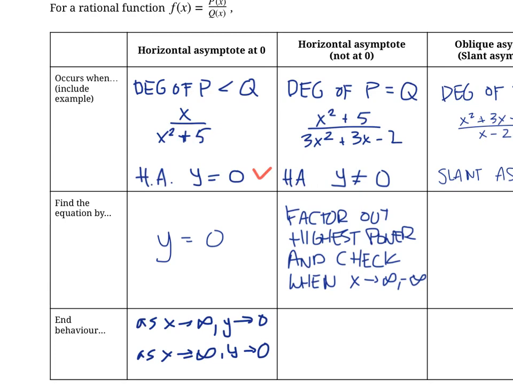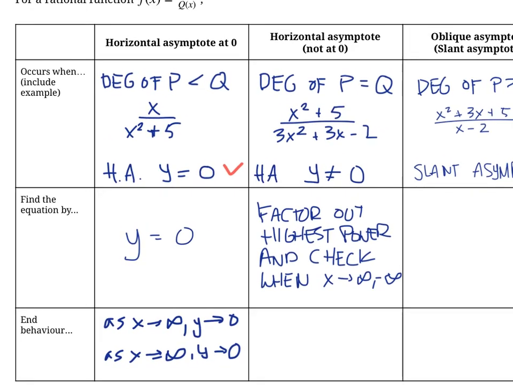And for the horizontal asymptote not at 0, it's going to be the same thing, but it's going to be some other value other than 0. So as x goes to infinity, y goes to some value, I'm just going to call that value L. And as x goes to negative infinity, y will usually approach that same value L.